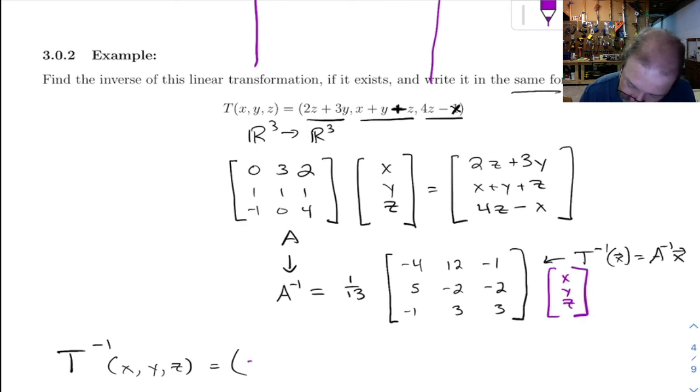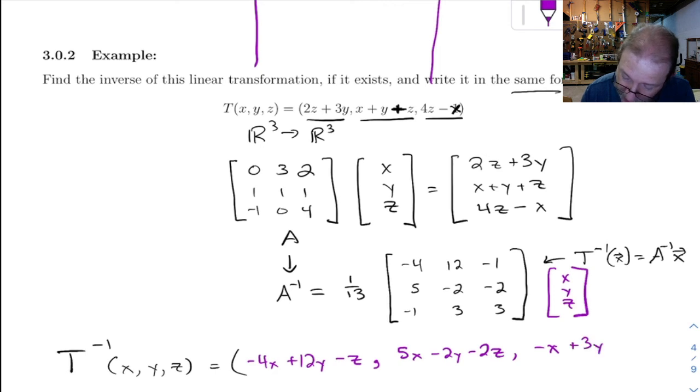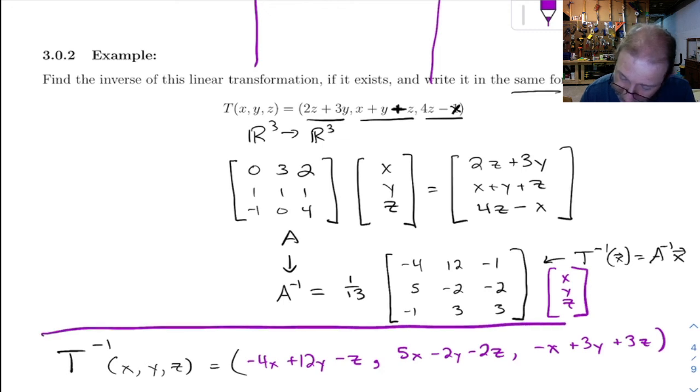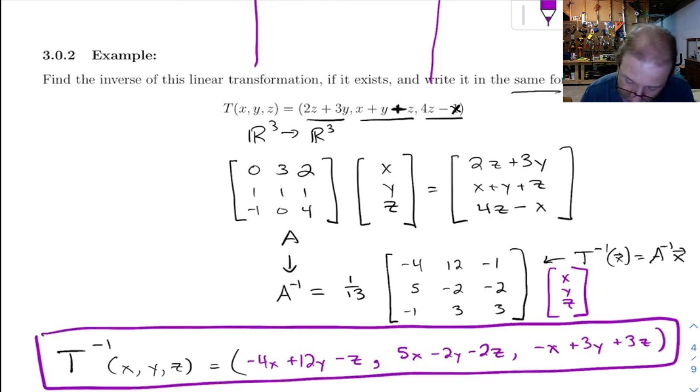So it's going to be minus 4x plus 12y minus z, 5x minus 2y minus 2z, then minus x plus 3y plus 3z. So this is the inverse linear transformation of the one that was given up there.